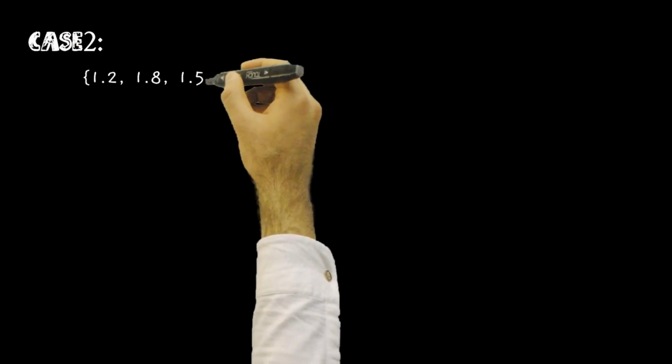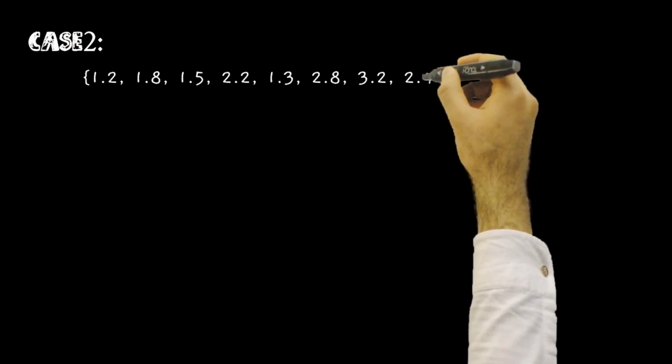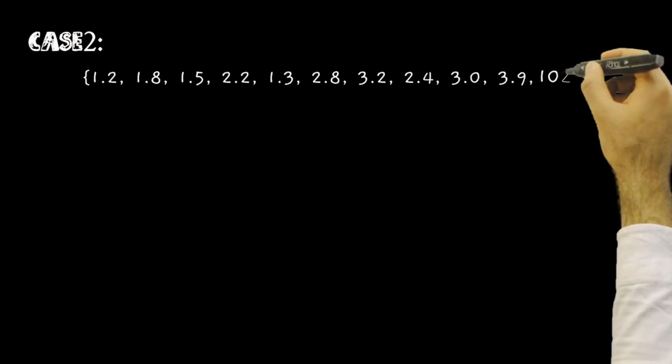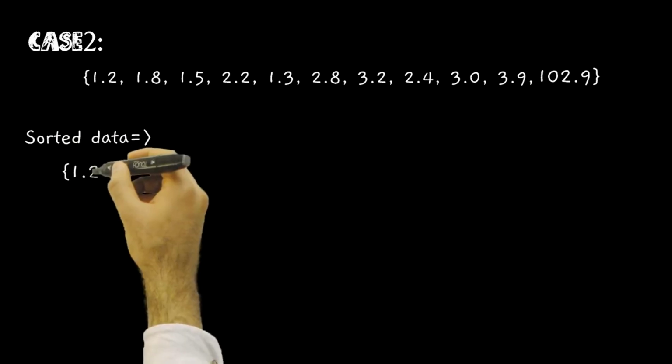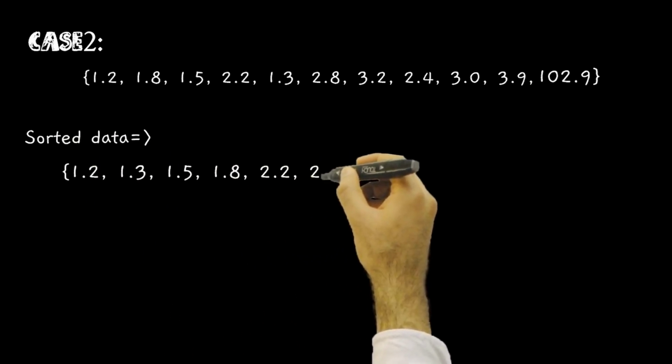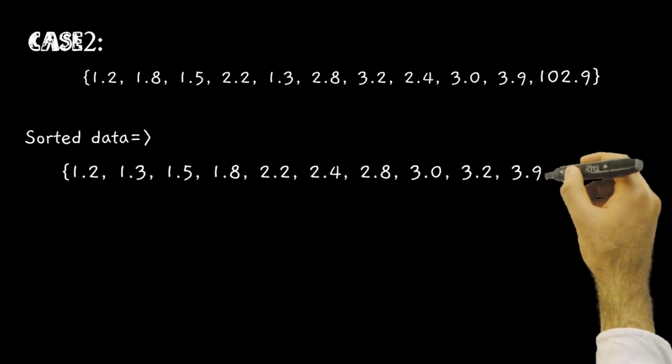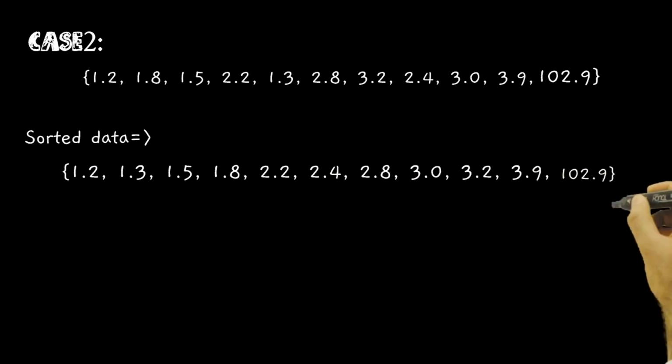Now let's see the second case: 1.2, 1.8, 1.5, 2.2, 1.3, 2.8, 3.2, 2.4, 3.0, 3.9, 102.9. We will sort it first. Here we sorted it in increasing order, so the data would be 1.2, 1.3, 1.5, 1.8, 2.2, 2.4, 2.8, 3.0, 3.2, 3.9, 102.9.